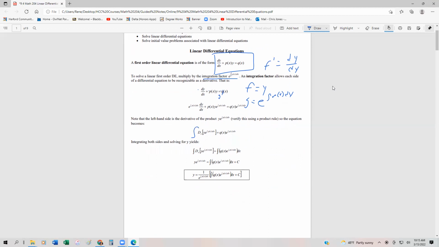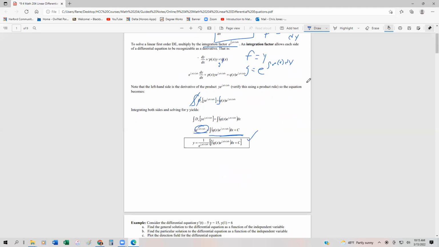Now we're going to integrate both sides, and we know when we integrate a derivative, they cancel each other out. And so we're left with y times e to the integral of p of x dx equals the integral of q of x times e to the integral of p of x dx. And then when we integrate this animal, we have our constant of integration plus c. And then finally, if we were to divide by e to the integral of p of x dx, then this would be our formula.